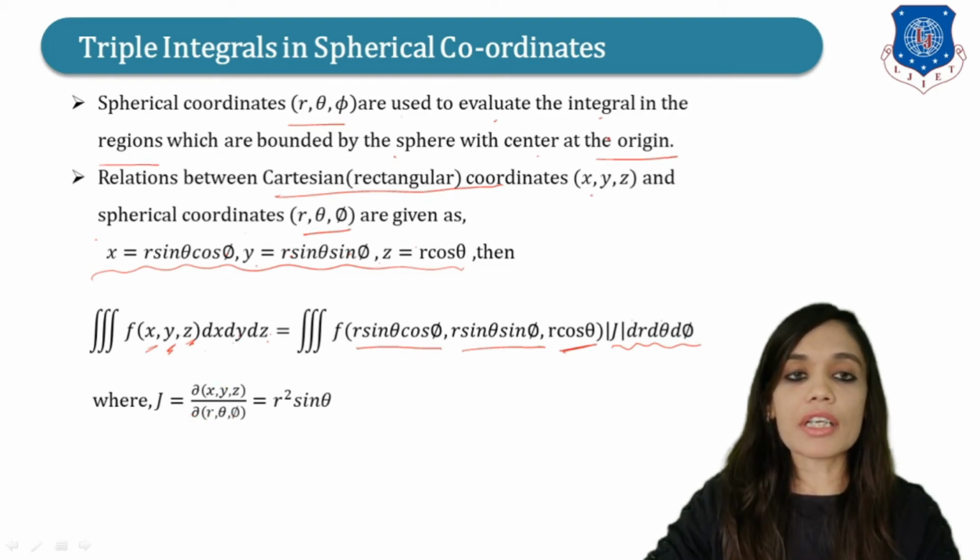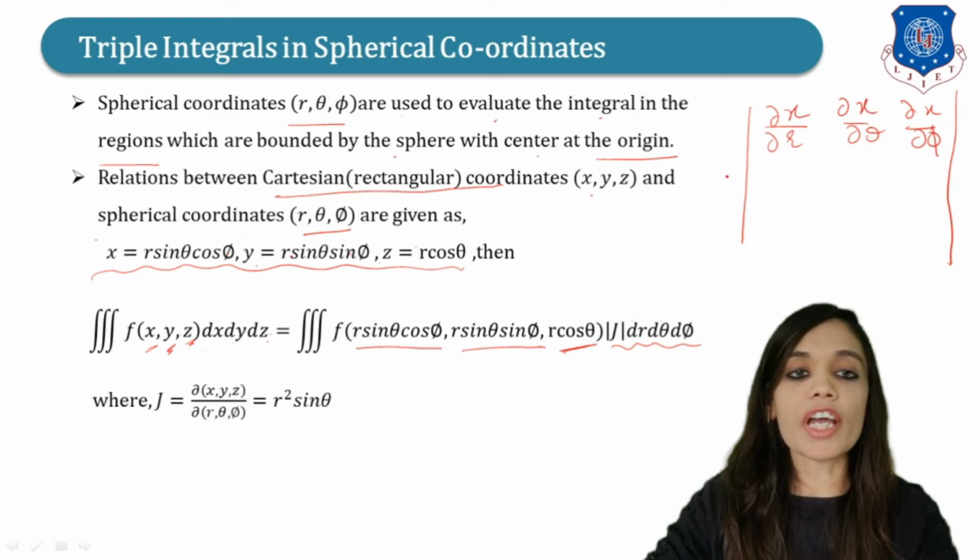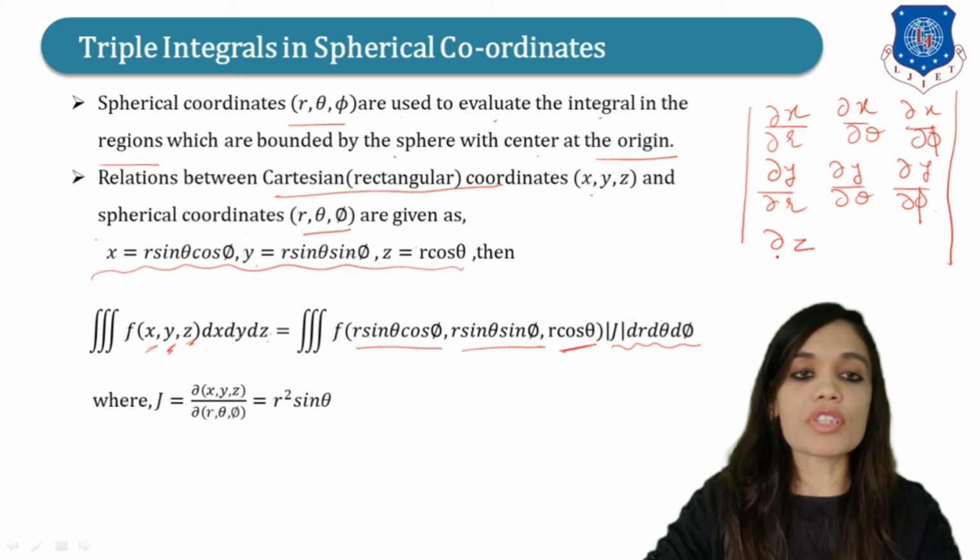So this can be written as determinant of del x upon del r, del x upon del theta, del x upon del phi. Similarly, we will find partial differentiation of y with respect to r, theta and phi. So del y by del r, del y by del theta, del y by del phi. Okay. And lastly, with respect to z, so del z by del r, del z by del theta, del z by del phi, right?